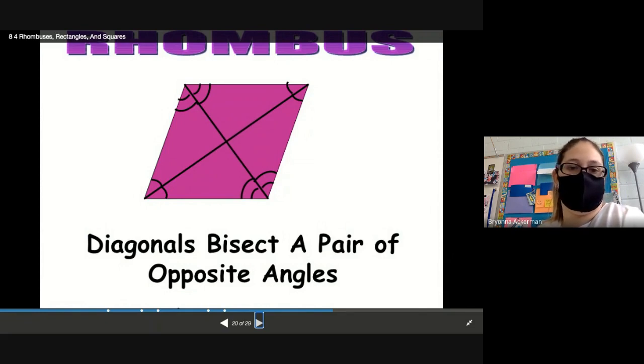So in a rhombus, diagonals bisect a pair of opposite angles. What? Yes, 3. And I'm actually going to add a number 4 to rhombus. I know, I'm messing up your whole tree.